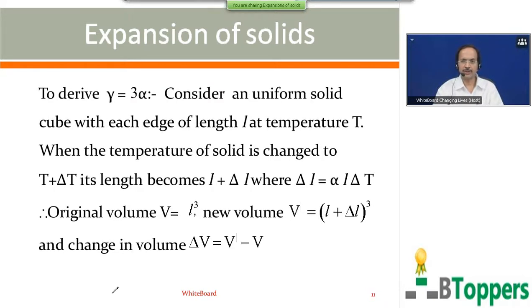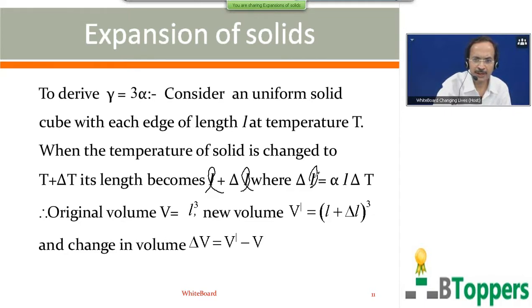Next, I want to show the notes for the derivation gamma equal 3 alpha. Consider a uniform solid cube with each edge of length small l at temperature capital T. The temperature of the solid is changed to T plus delta T. Length becomes L plus delta L. Here delta L is the increase in length and L is the original length.